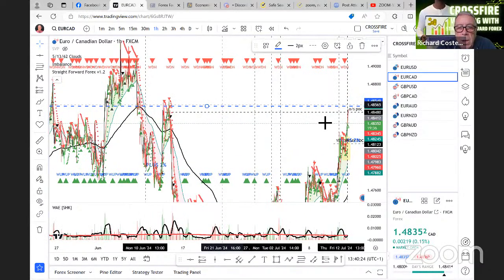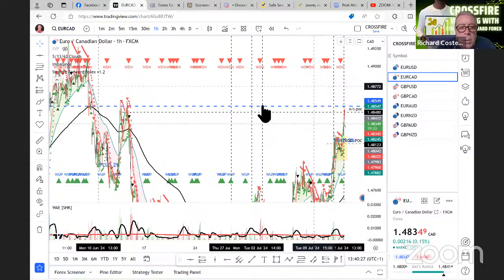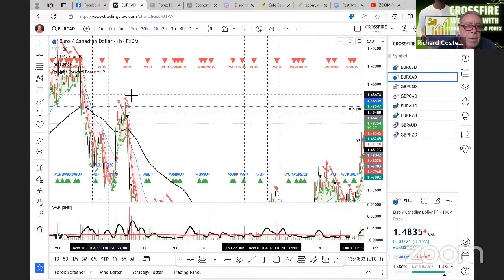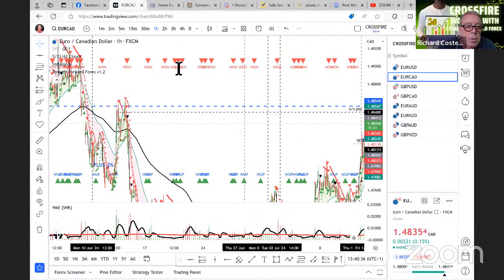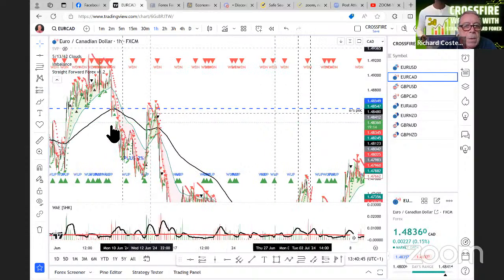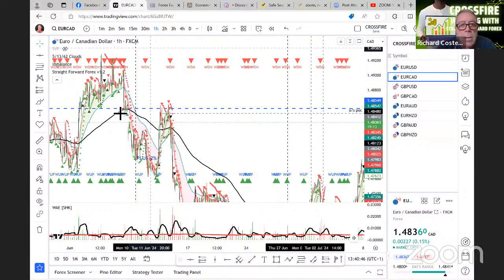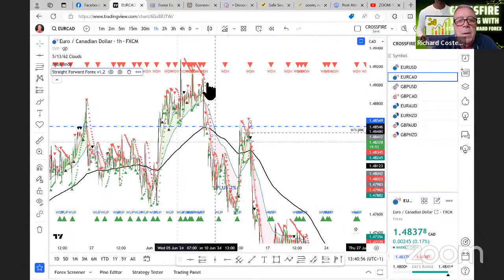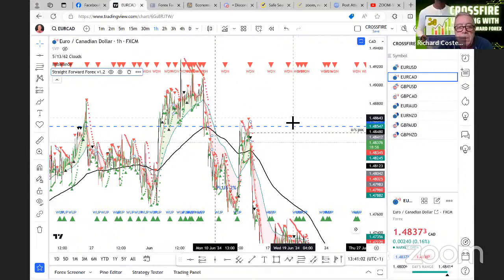So we're aiming for that blue dashed line, and there's some equal highs. I don't know why my computer won't just stay in the one position, but anyway, I'm going to put on the imbalance. Yeah, it's difficult to see. But anyway, the price has been up there. There is imbalance up here. So this target is reasonable.